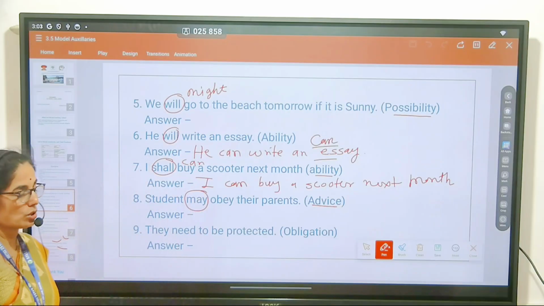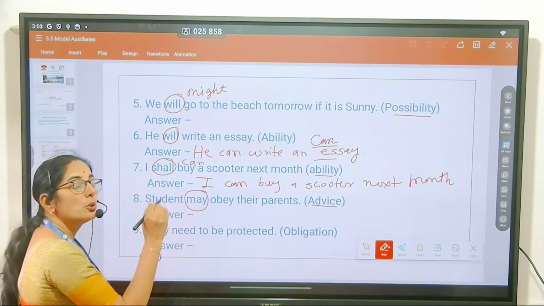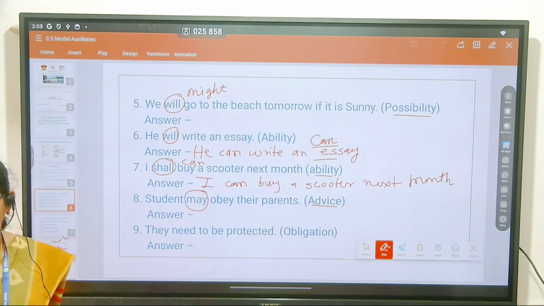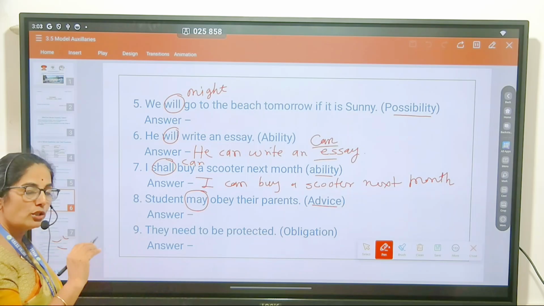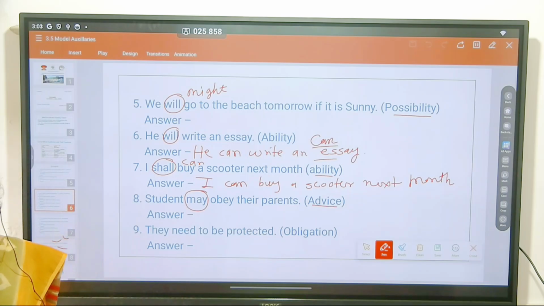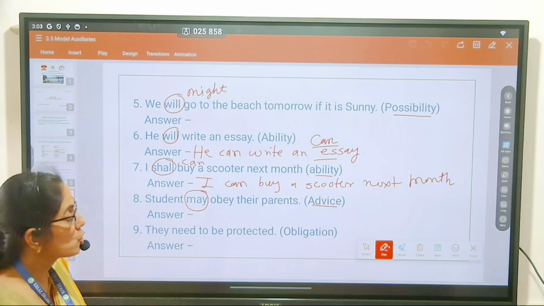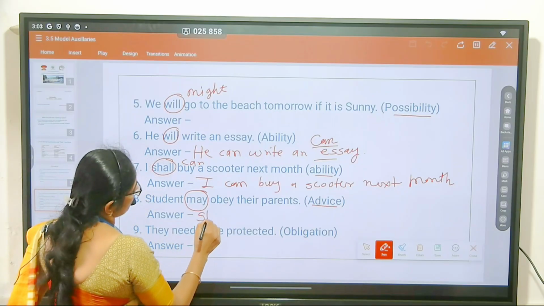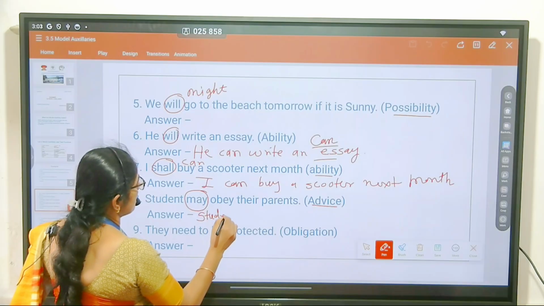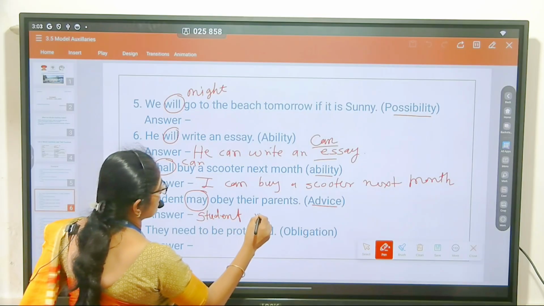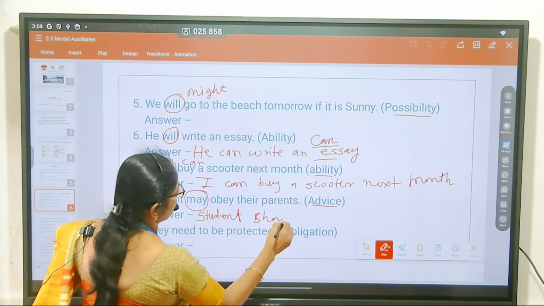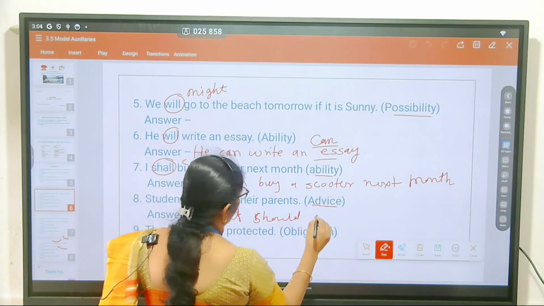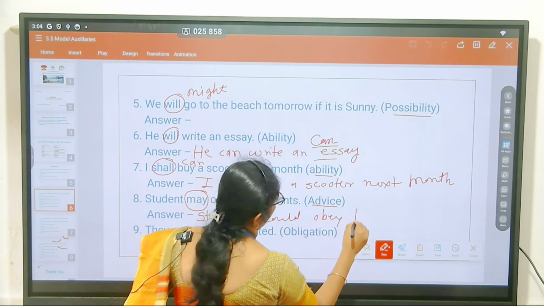You have to find out which modal auxiliary is already used in the given sentence, remove that modal auxiliary, and instead of that you have to take should. For advice it is should. So your sentence should be like this: students should obey their parents.